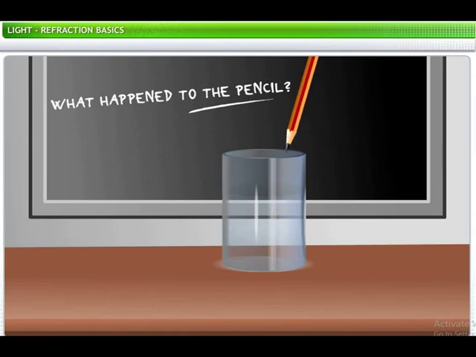The apparent bending of the pencil is a result of a property called refraction. In this lesson, you will learn about refraction and concepts associated with it.